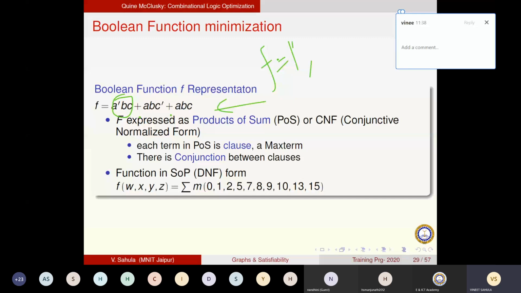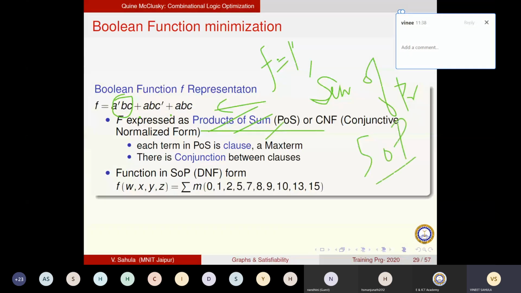So it's called built around 1. And the terms are called minterms. And the representation is called product of sums. I'm sorry, sum of products. This is wrong here. This is called sum of products. I think it was my copy-paste mistake. So this is SOP, right?